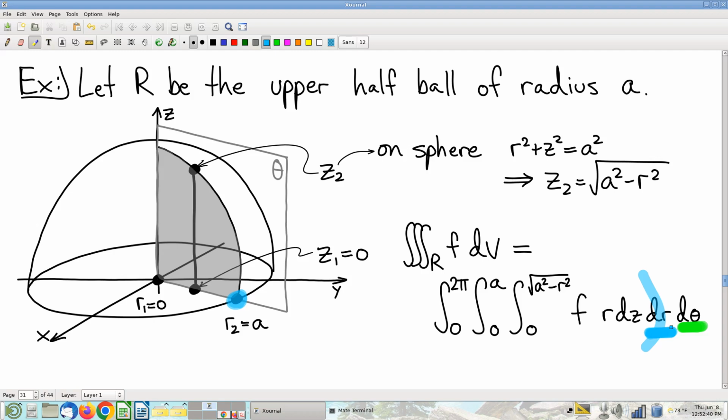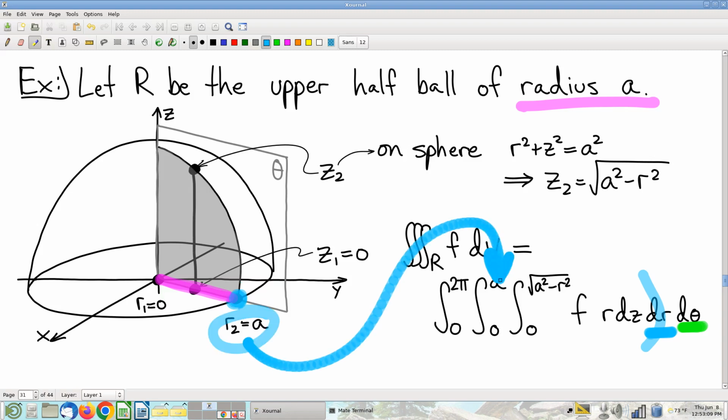Notice that a, being the radius of the ball, also happens to be the value of r for this point that I'm interested in. So that means that at this point, r is a. Pretty good?